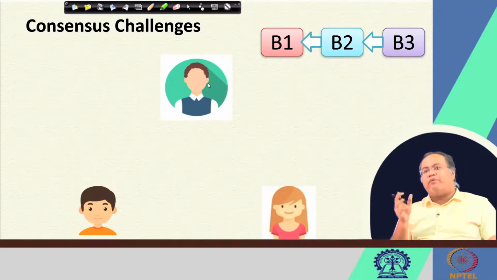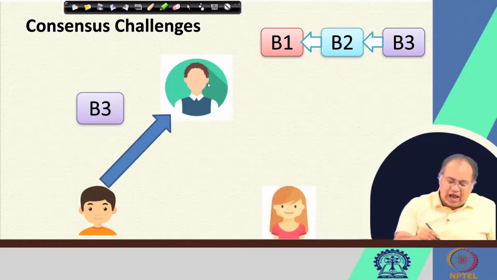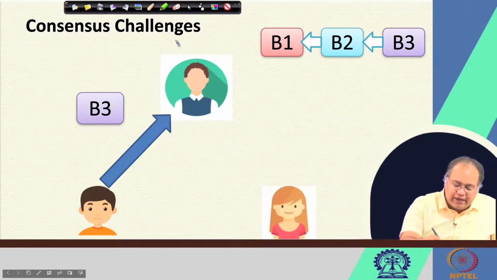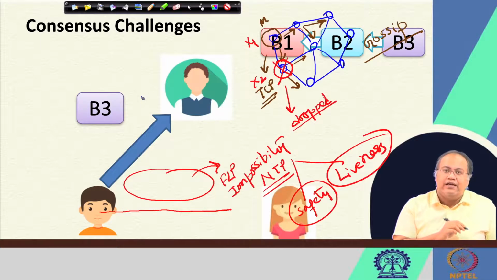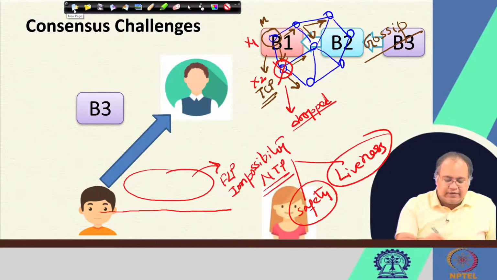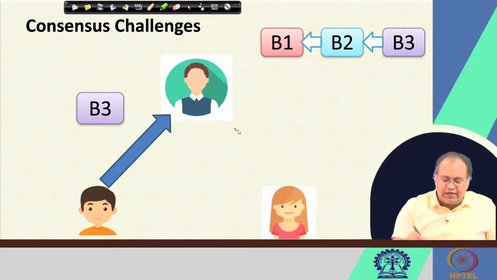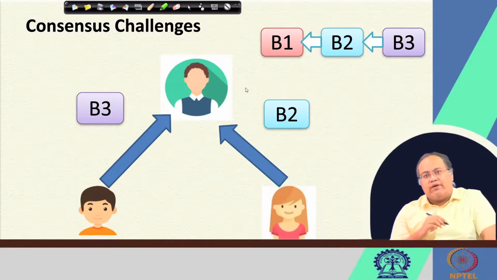Now different people are proposing blocks. It might happen that this node receives block 3 first, and after it has received block 3, then it receives block 2.